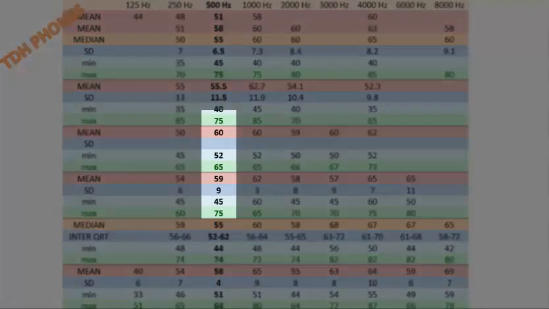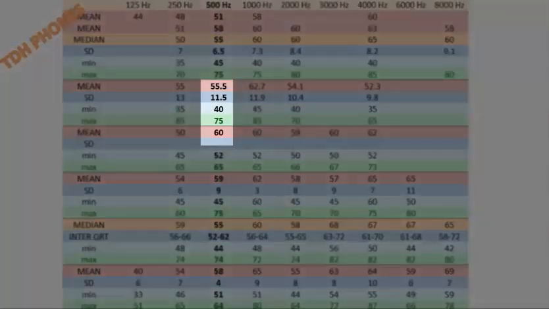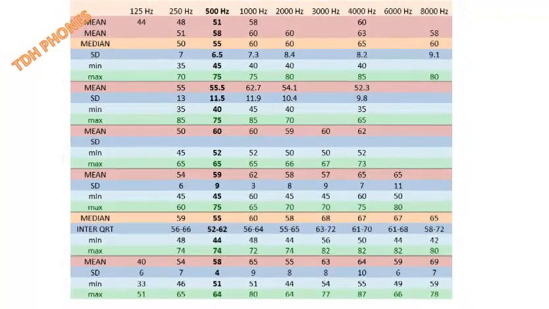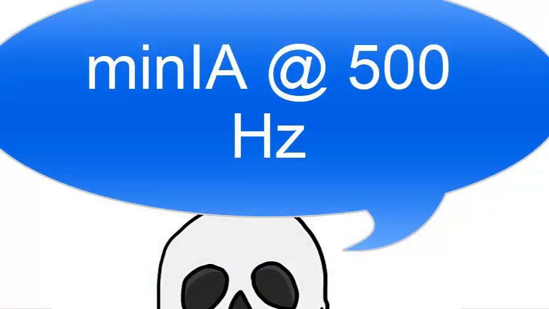The maximum amount of attenuation documented is 75 dB. The minimum possible interaural attenuation found using these headphones for 500 Hz is 40 dB. So we know that 40 dB is the minimum possible amount of attenuation that we know of for this test tone.